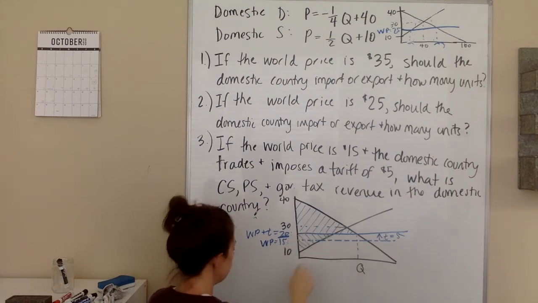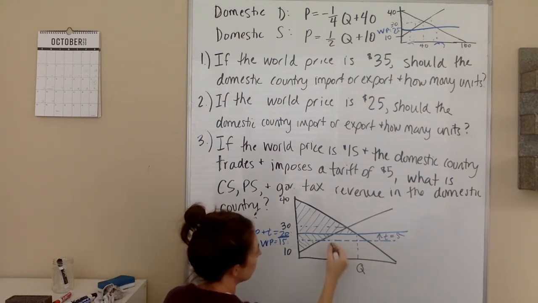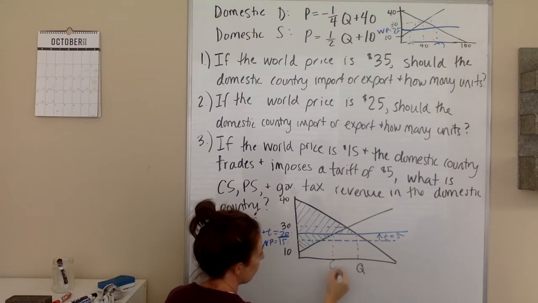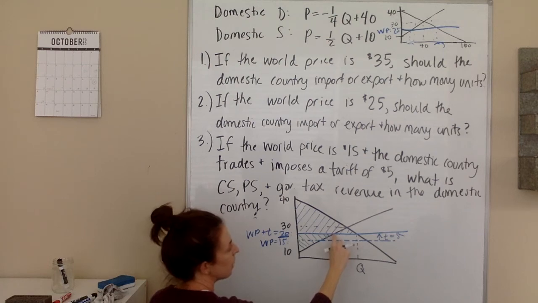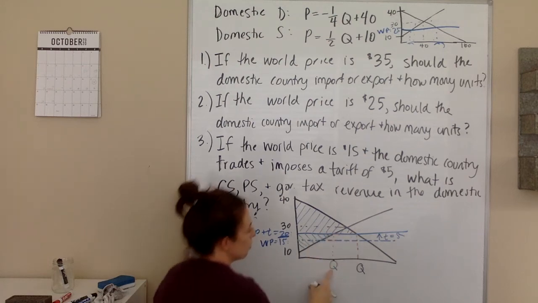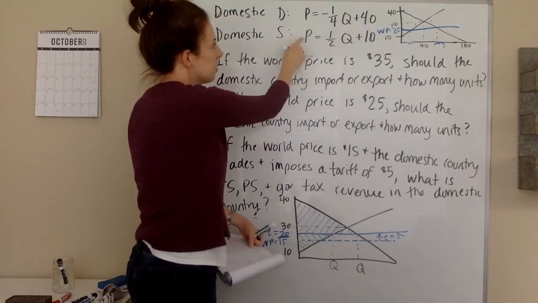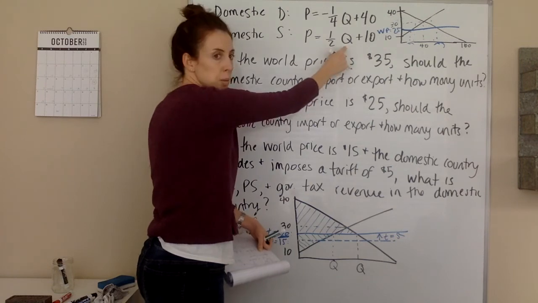The base of the triangle is going to coincide with this particular quantity. Think about what this quantity is. This quantity is the amount that would be supplied at a price of 20. So to get this Q, you go up to the supply curve, put 20 in for the price, and a Q will spit out.